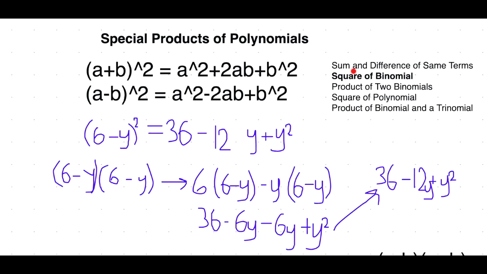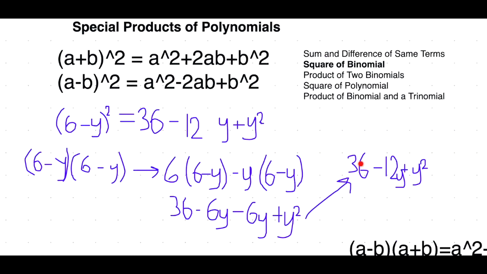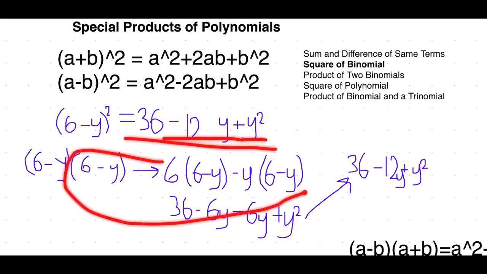You see how by using the special product, we were able to get the correct answer in a few seconds without having to do this whole calculation. With the calculation, we can verify that this is the correct answer.